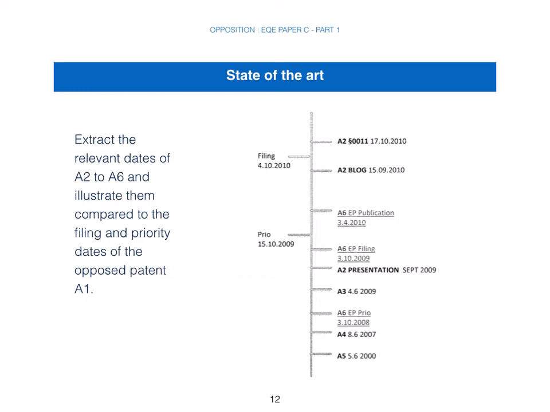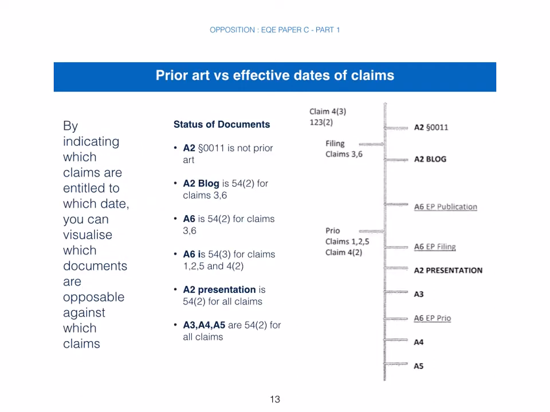So next we're going to indicate which claims are entitled to which date, which we found out from our previous reading. By indicating which claims are entitled to which date, you can visualize which documents are opposable against which claims.